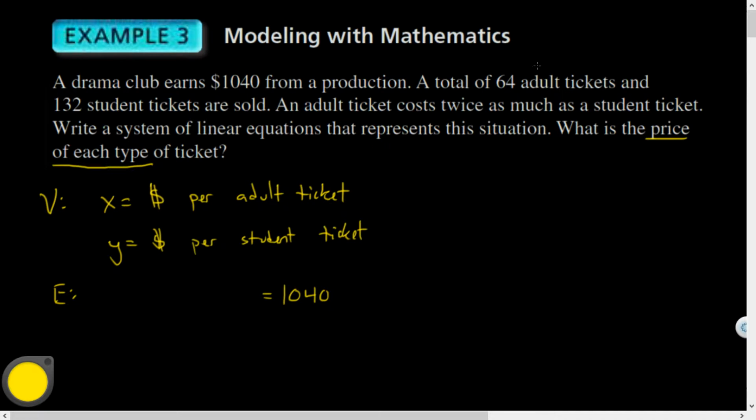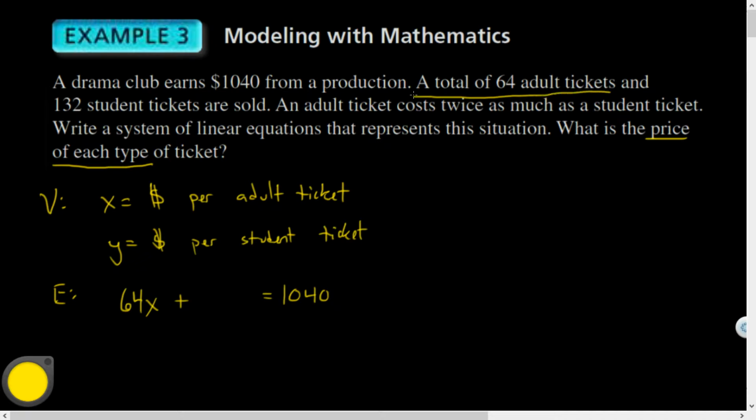Selling the adult tickets, which they sold 64 of, and if I take the number of adult tickets sold multiplied by the price per adult ticket, this would represent the money that came in from just the adult tickets. To that, I've got to add, what do you guys think I should add to that?